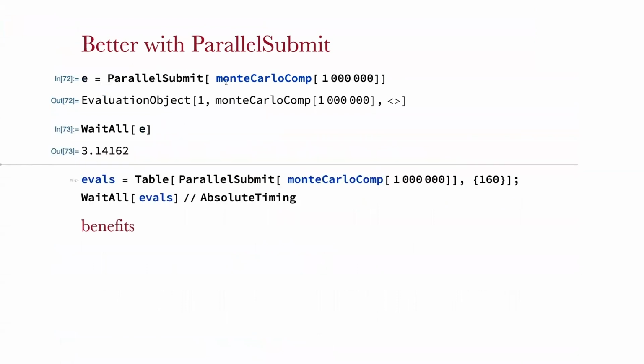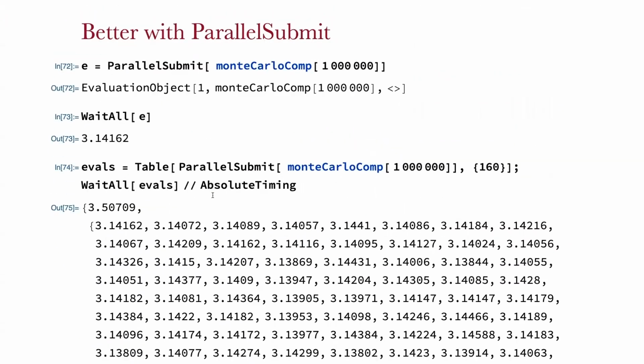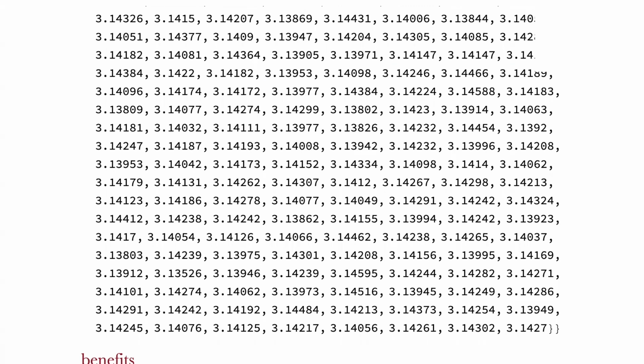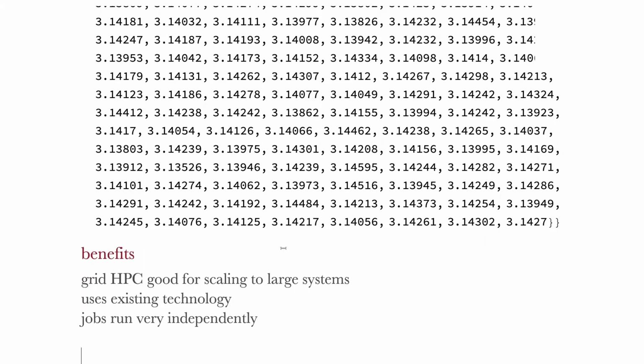What this does is a little bit more asynchronous. Here I've submitted a number of jobs, and then it's waiting for everything to come back. So this is another quite nice way of using the compiler with the grid technology. Going into the grid technology, it's good for scaling to very large systems.